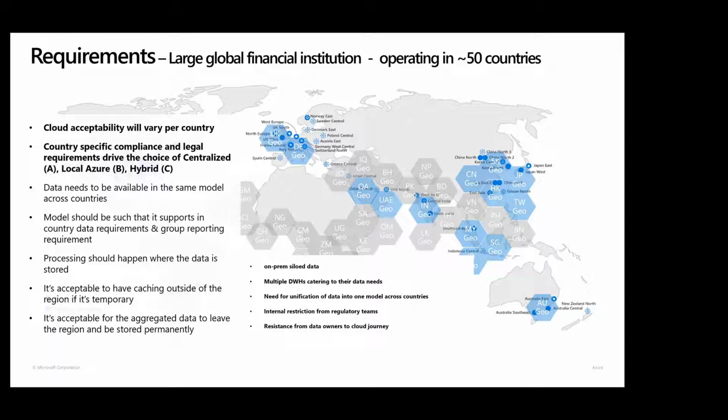Now, there is an internal resistance to this move from the data owners because they will face the flag from the regulatory teams within the company, who are the ones answerable to the auditors. With that in mind, the customer put forth that cloud acceptability across these 50 countries may vary.